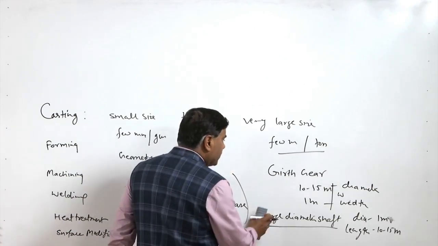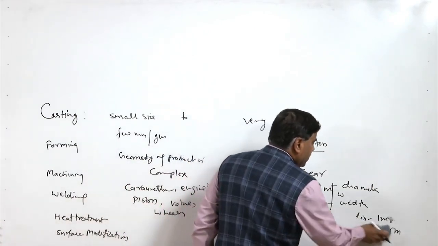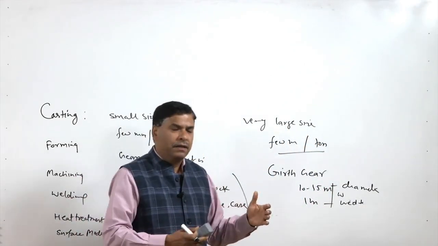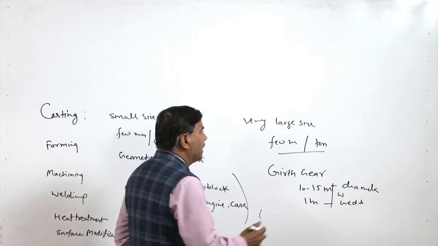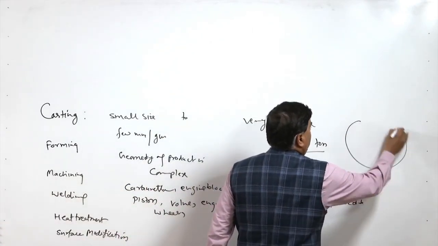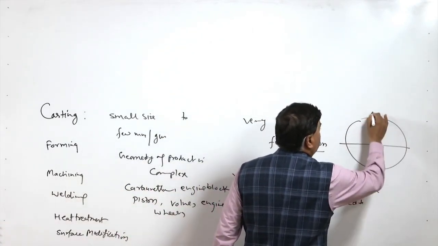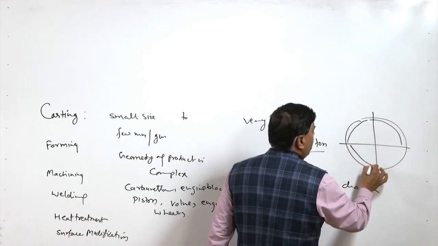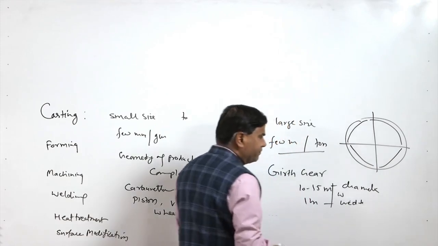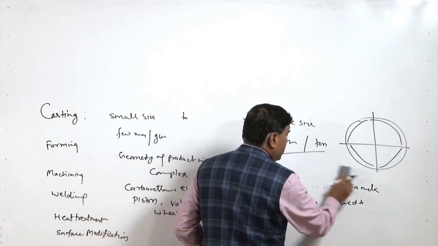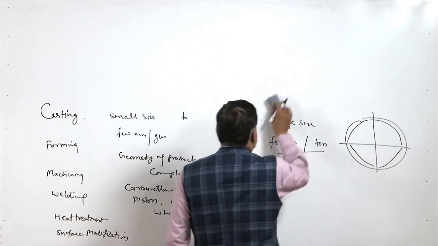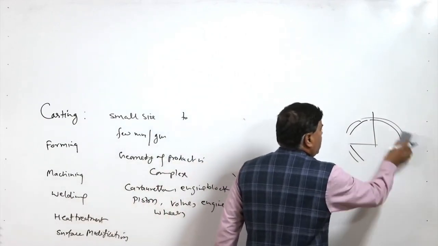While the girth gear is prepared in parts, made in 4 different parts and then joined together to give the shape of the gear. So, this is what is there in casting.